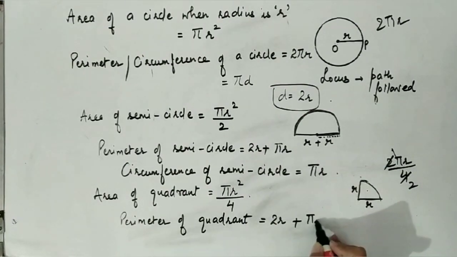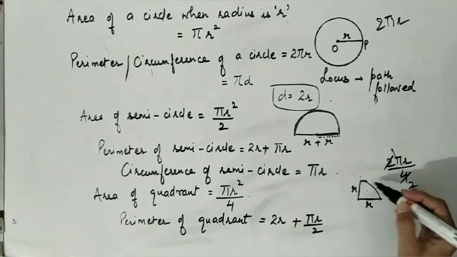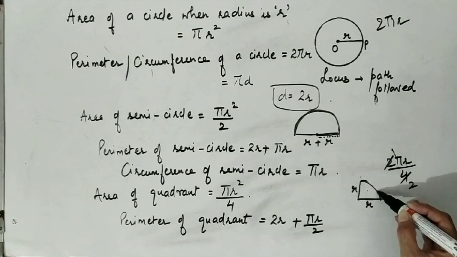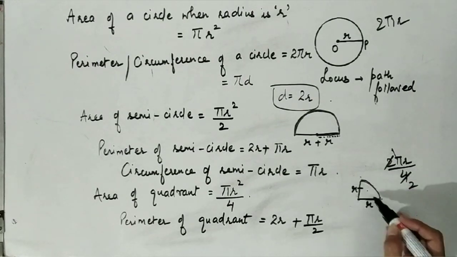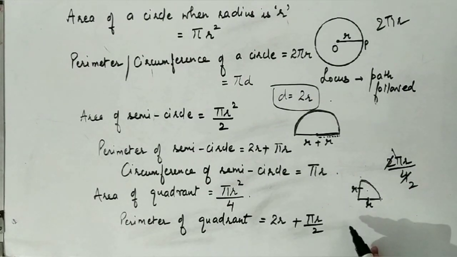That is the length of this arc, and then these two radii are added, so it becomes twice of r plus pi r by 2. That's the perimeter of quadrant.